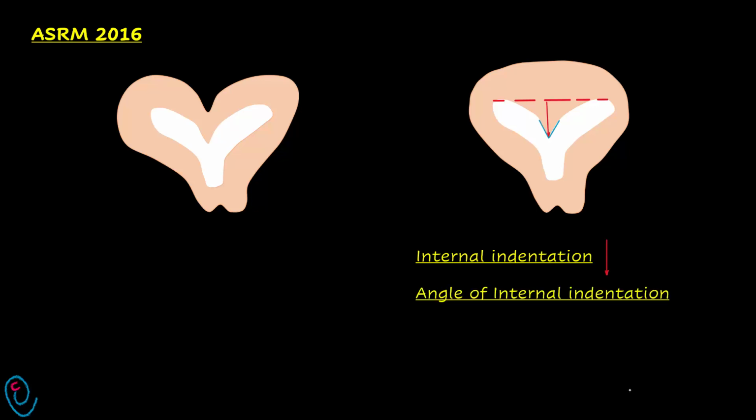In ESHRE 2016, we draw the interostial line and measure the distance below the interostial line and call it internal indentation. We measure the angle of internal indentation and measure the external indentation if present.